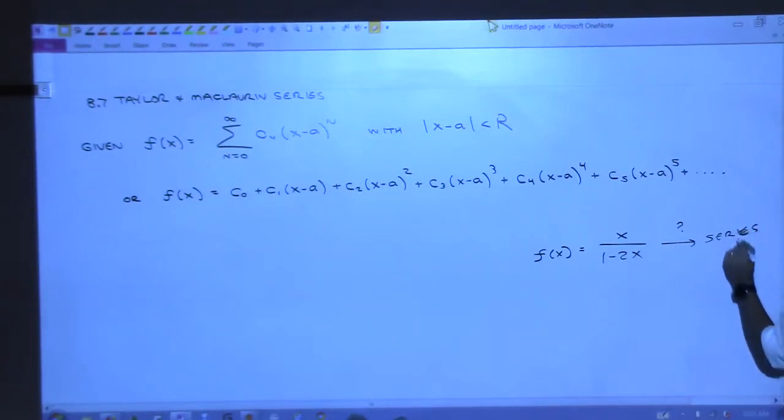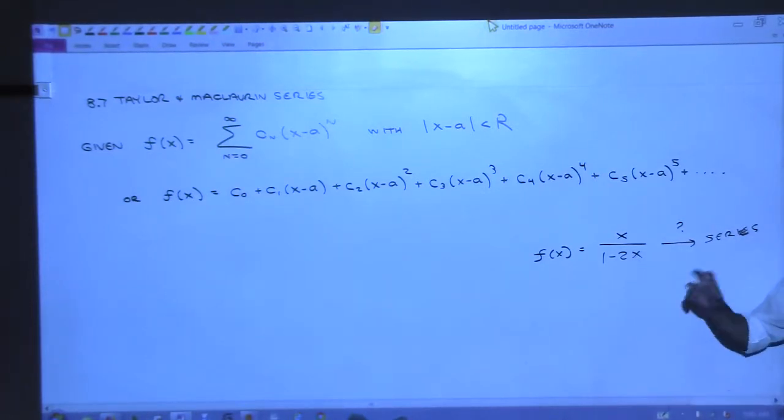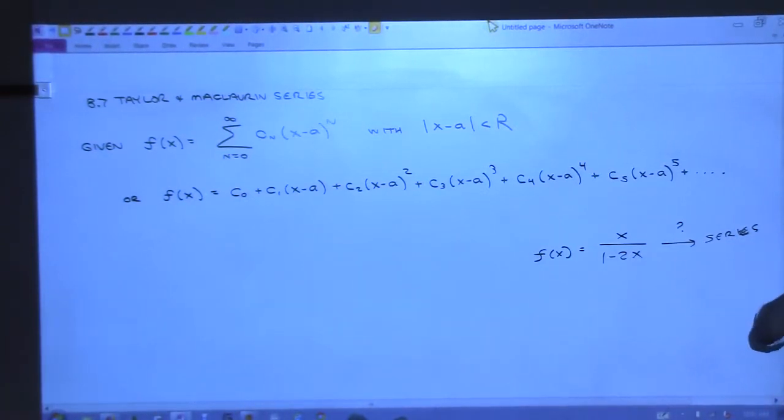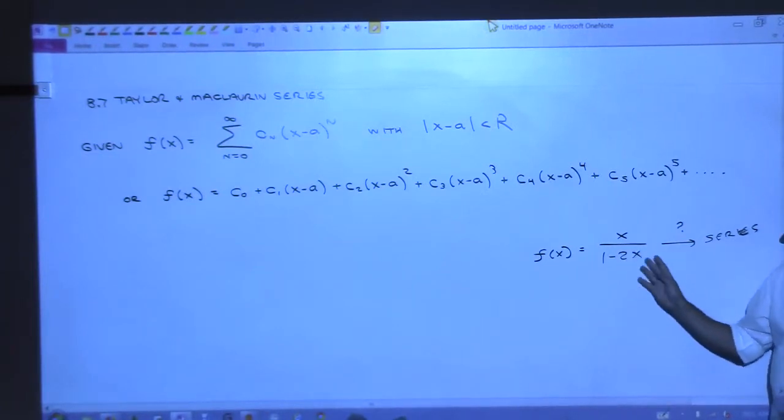That was kind of like our goal. Can we get it to a series? And what we saw is that we can, so long as the function looks a certain way. As long as it looked like 1 over 1 minus u, we could do it. And then we had to maybe tweak this a little bit. Yes? Okay.